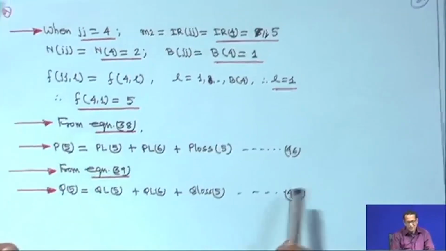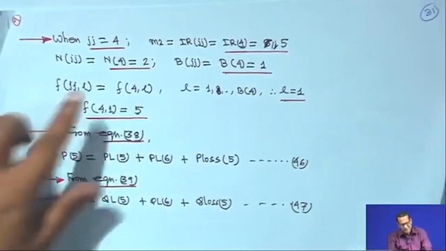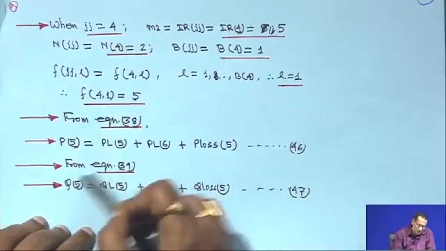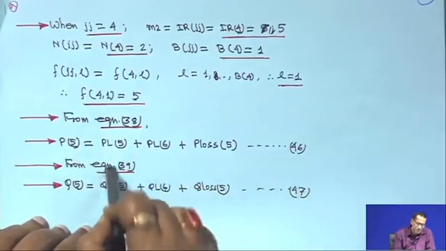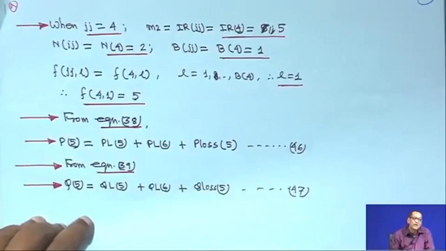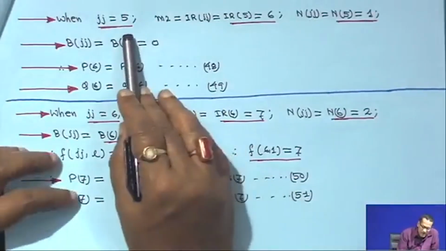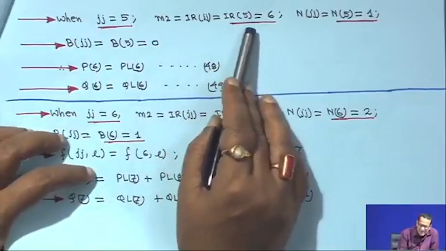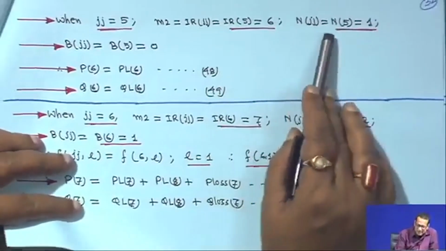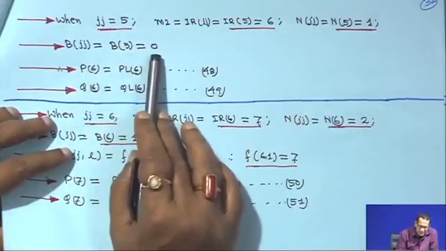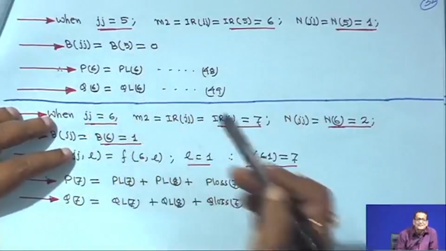So, from this F matrix you can see how important it is and how easy it is to find out all the load fed to the receiving end node of each branch, right. Similarly, when JJ is equal to 5, M2 is equal to IR5 is equal to 6, so N5 is equal to 1. So, B5 is equal to 0, that is no branches beyond this.